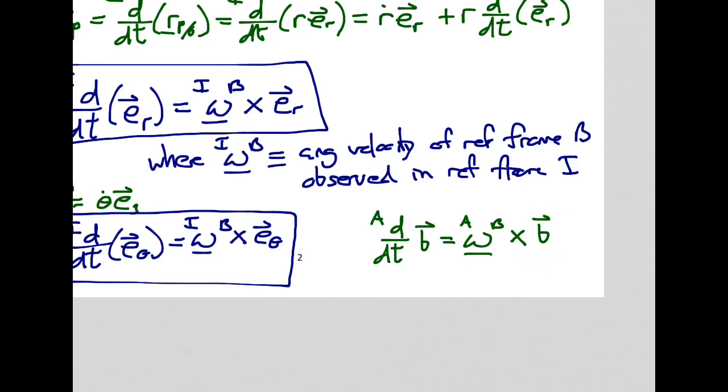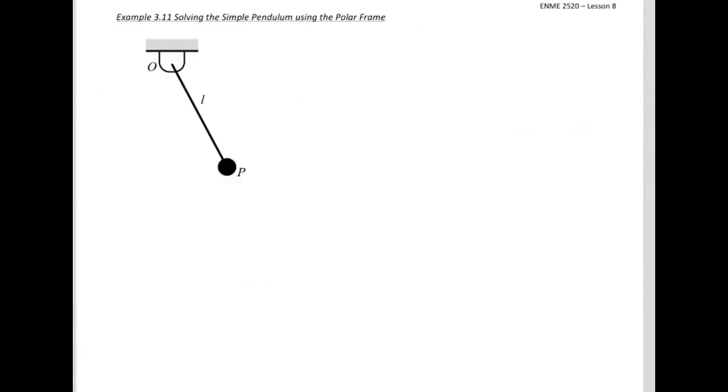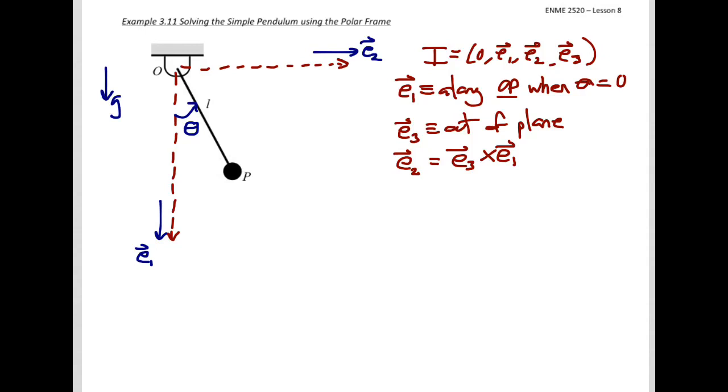Alright, so let's put this to use, and let's go to our simple pendulum and solve one of these problems. Here we have our simple pendulum again, and we've got our inertial reference frame set up the very same way as before, in which we've put the E sub 2 vector to the right and the E sub 1 basis vector pointing down.